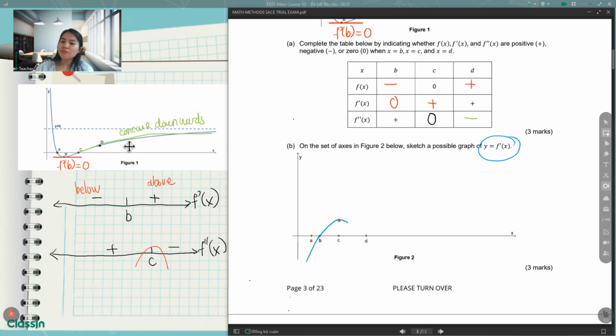If the tangent is getting more horizontal, it approaches 0. So the function y equal to f dash x would approach 0 as x approaches positive infinity. It's not going to cross the x-axis. So this is the graph y equal to f dash x. And we are done with question number 2.